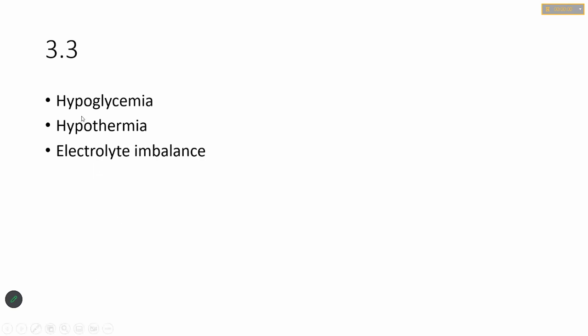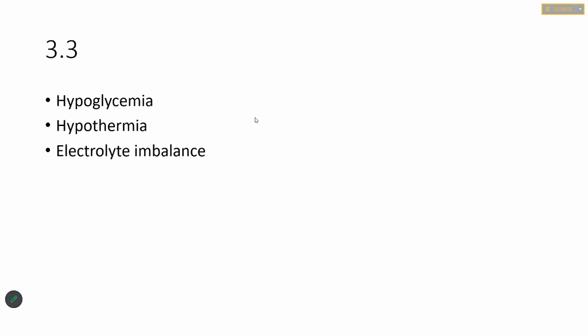But as we are doing the resuscitation, and as the mother is diabetic, I have thought of these initial causes: hypoglycemia, hypothermia, electrolyte imbalance. These are not the only answers. You may think of other answers regarding your case scenario. Here, as a diabetic mother, I think you have to mention hypoglycemia. That is a common cause. So if you write all, you will be getting full marks.